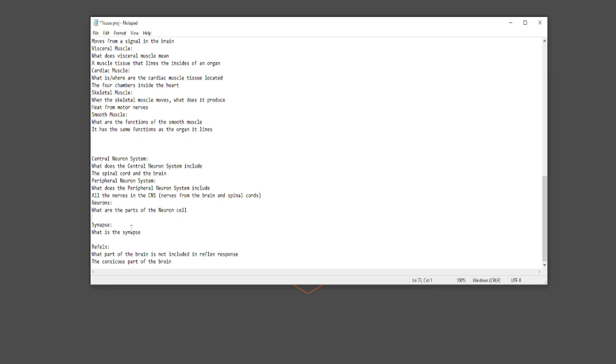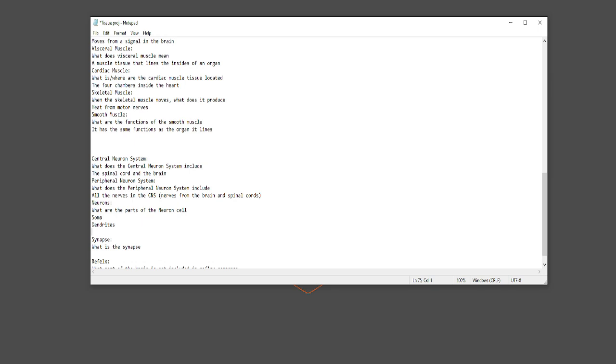That is the soma, the cell body, which contains the nucleus, the dendrites, which pass on these signals from one neuron to another.